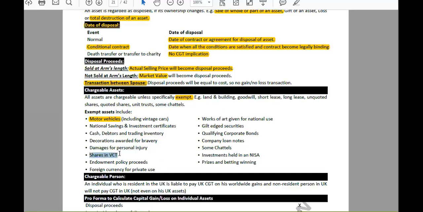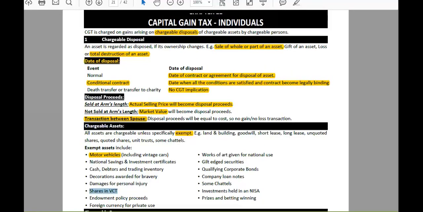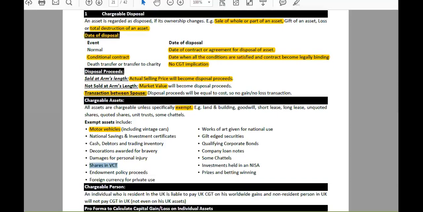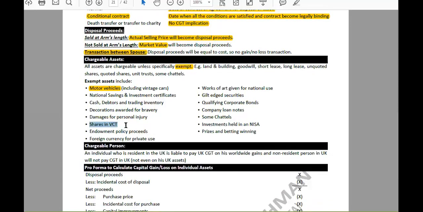Please remove this point, I will exclude this point from your notes. Shares in VCT, these are special types of shares, and all types of VCT are exempt in capital gains tax.